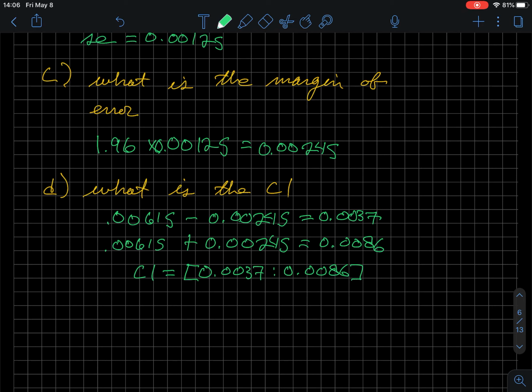The way we would think about this, our interpretation, is that we are 95% sure that 0.37% to 0.86% of vaccine receivers would get sick again.